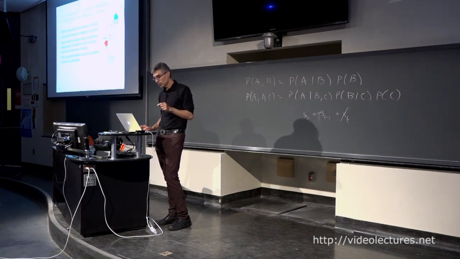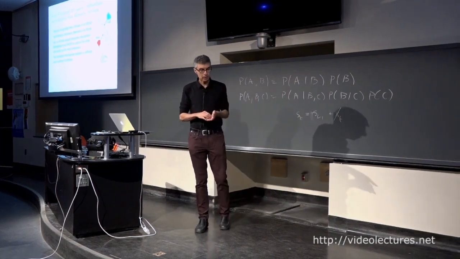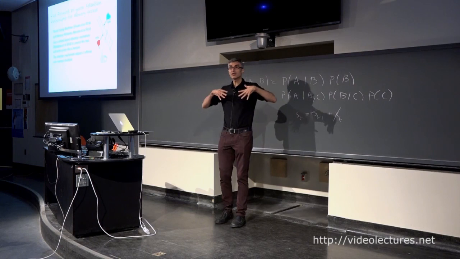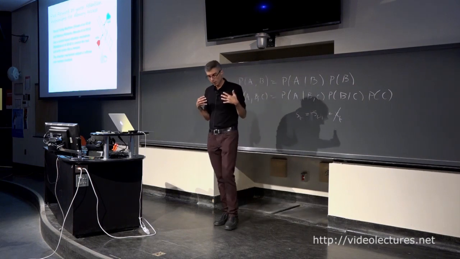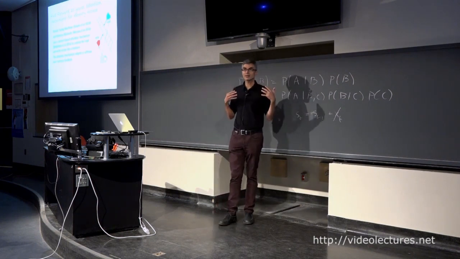Let me tell you a few words about another way that you can use gating mechanisms to copy the state, so that you can now remember things from the very far past.